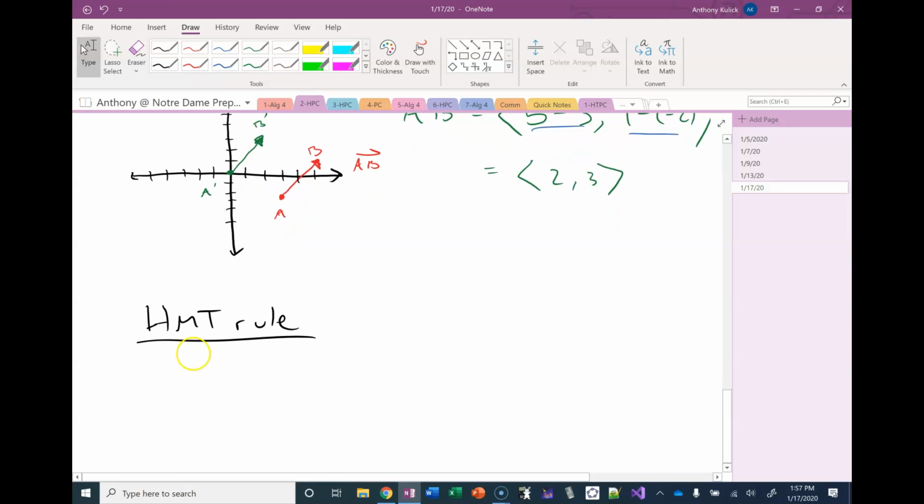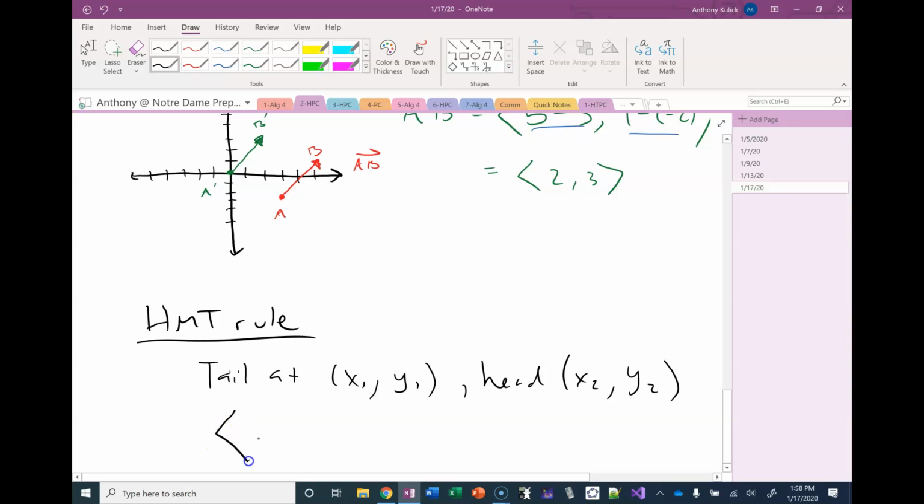And this says that if I have a tail at x1, y1, and a head at x2, y2, then the component form for that vector is going to be x2 minus x1, y2 minus y1.